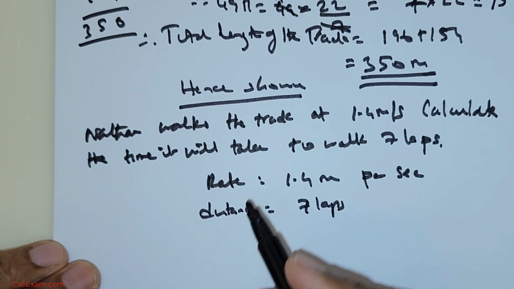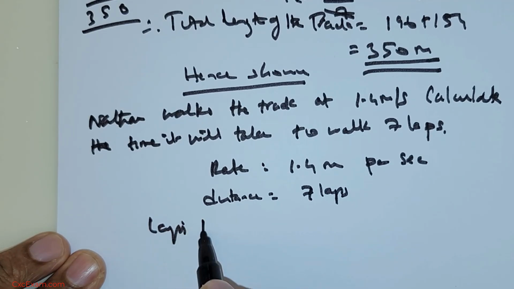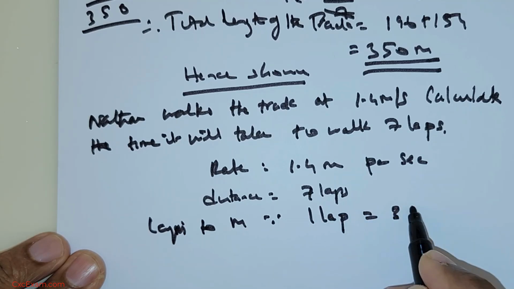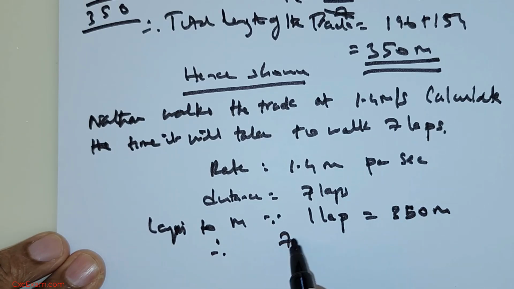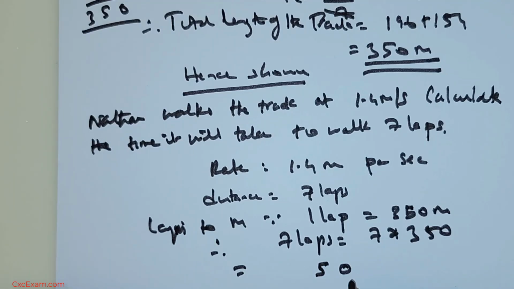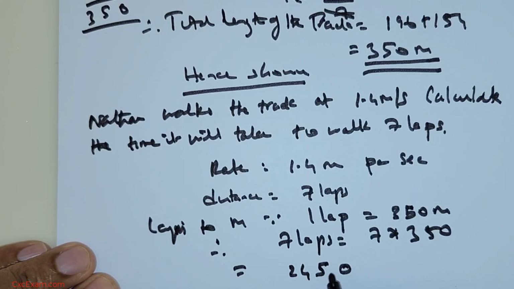So what we have to do is convert laps to meters. Now 1 lap, you have to know the conversion, is 350 meters. So therefore 7 laps is equal to 7 times 350, which is 2450 meters he is walking.